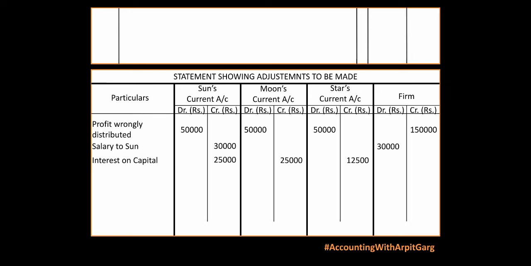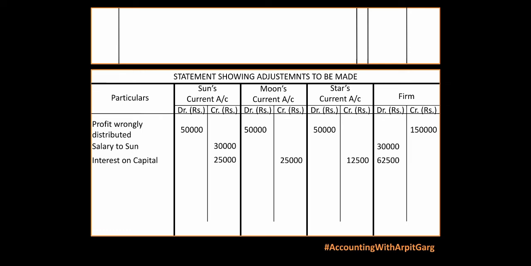To increase capital, we will credit, or we can say as capital's balance is credit, and to increase credit we credit. Now as we have credited, so in firm's column it will be debited, or we can say as it is expense for the firm, so it will be debited.